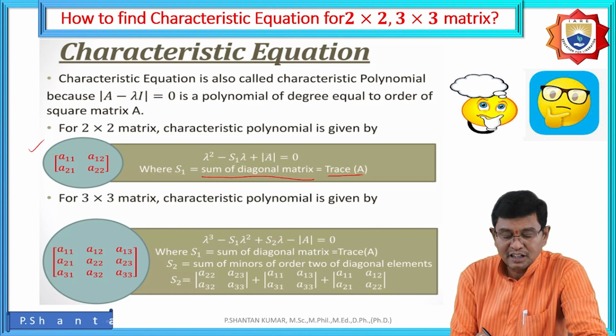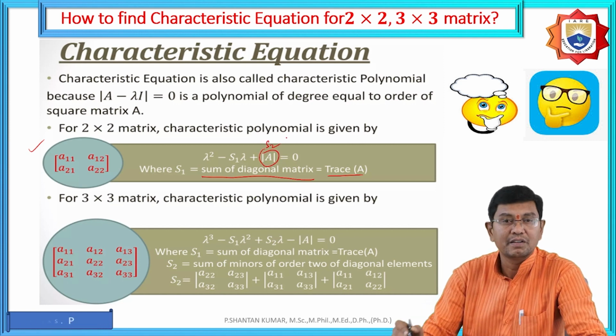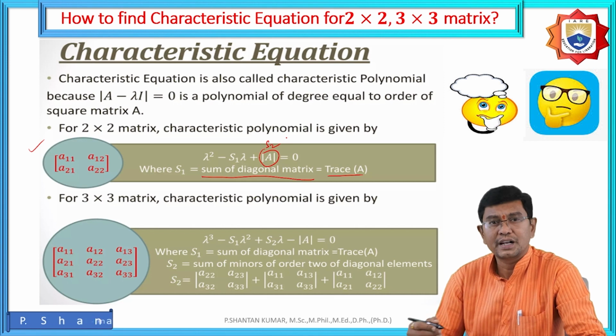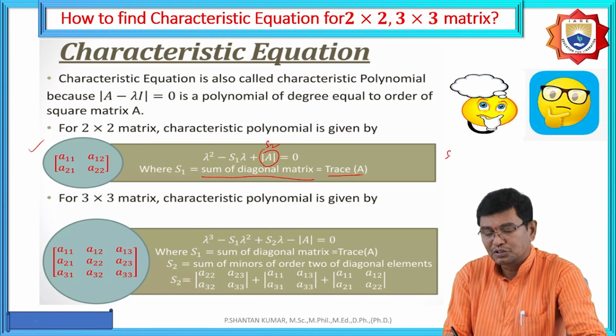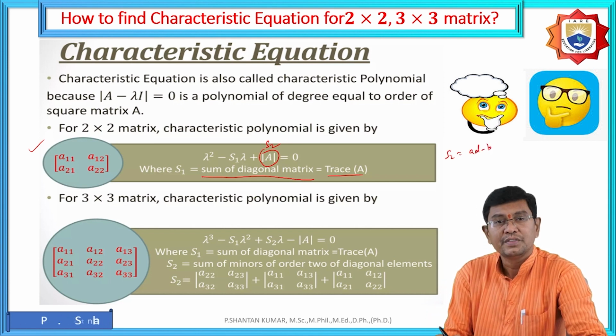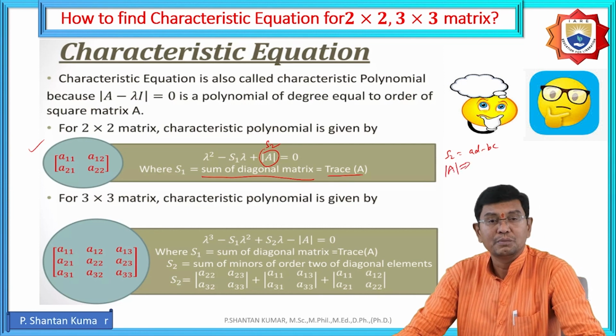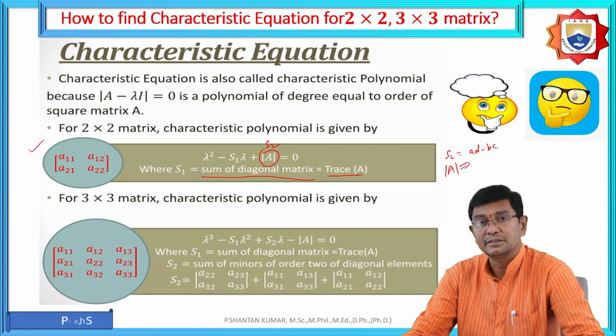S2 is the determinant of the matrix. For a 2 by 2 matrix, S2 is AD minus BC. And further, the 3 by 3.